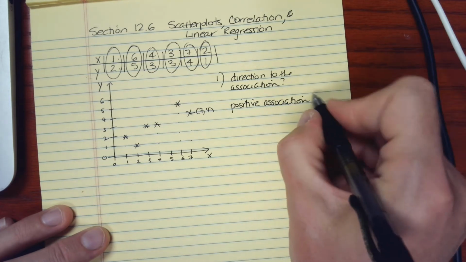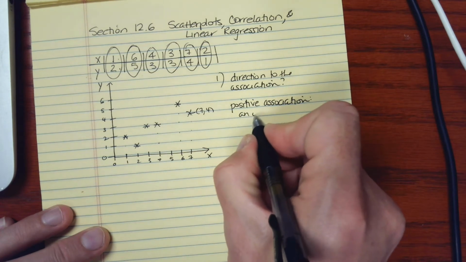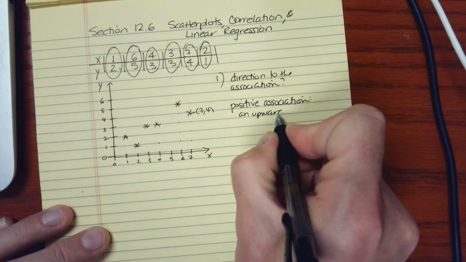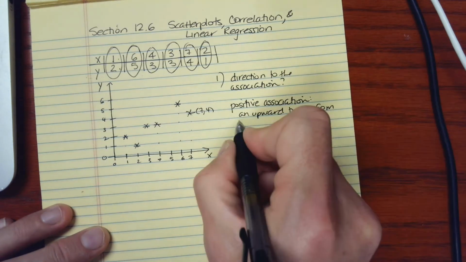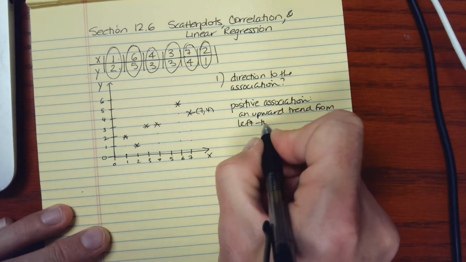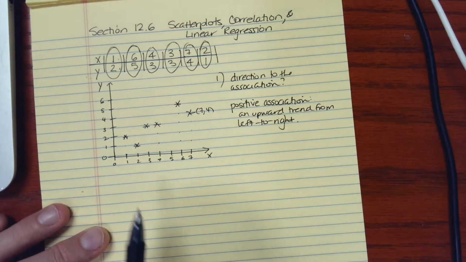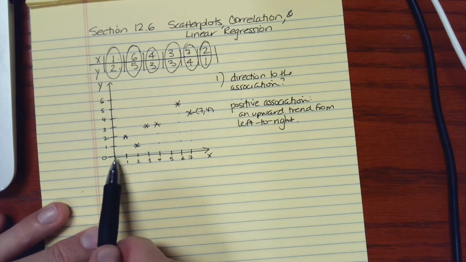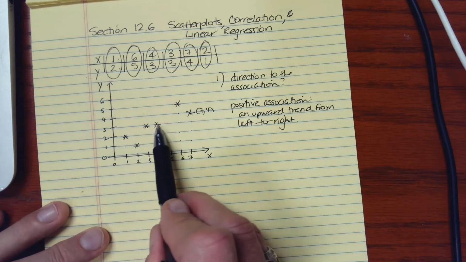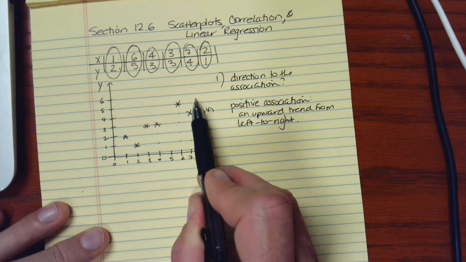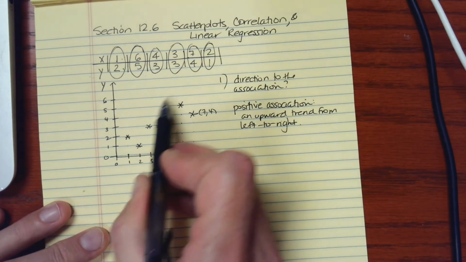And this would be indicated by an upward trend from left to right in the scatter plot. And notice that we're seeing that here. As I move from left to right, I notice that my points are generally moving higher along the y-axis. So I think that this is a positive association in this scatter plot.